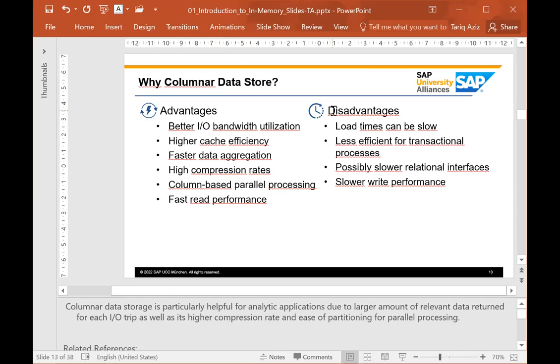So it is less efficient for transactional processing. And if you want to add a transaction, for every transaction you have to recreate the whole table, which is not the case in a transactional database. When you're storing the data in rows, that is okay, no problem.